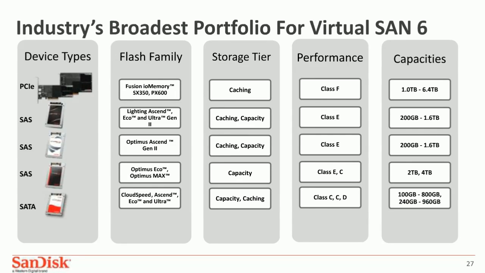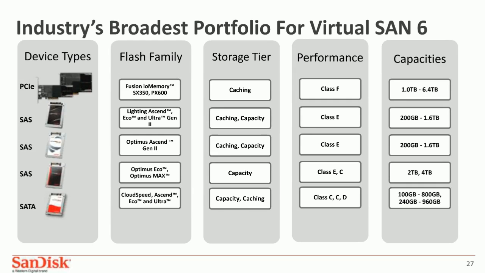In addition, we have the mezzanine card equivalent of those. So if you want to run Virtual SAN in a blade server configuration, we have mezzanine cards for those blade servers. In addition to that, we have the SAS drive today that has been certified for Virtual SAN. On the second row, you see the 12 gig SAS drive that we have.